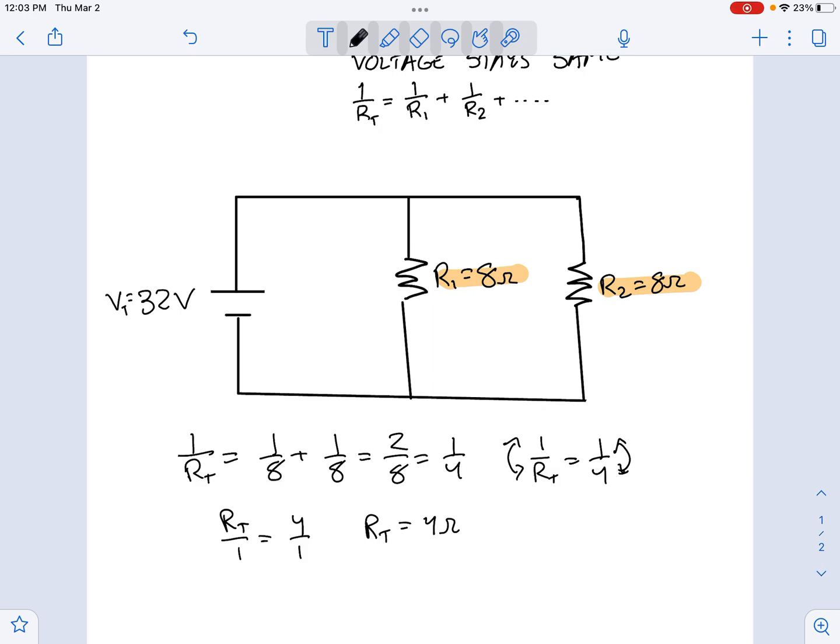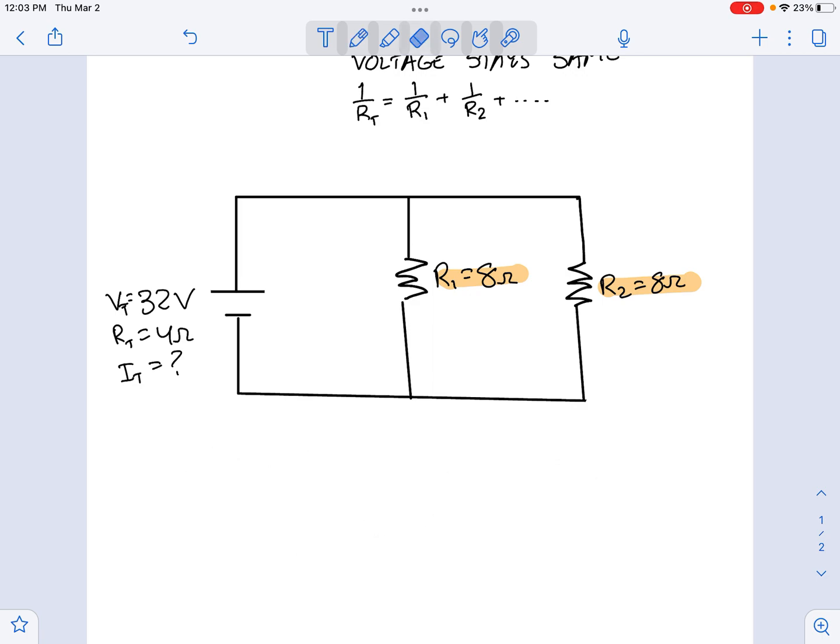So now we have VT is 32, RT is going to be 4 ohms, and now IT is what? We need to solve for that. So VT is equal to IT, RT, and we plug in these numbers.